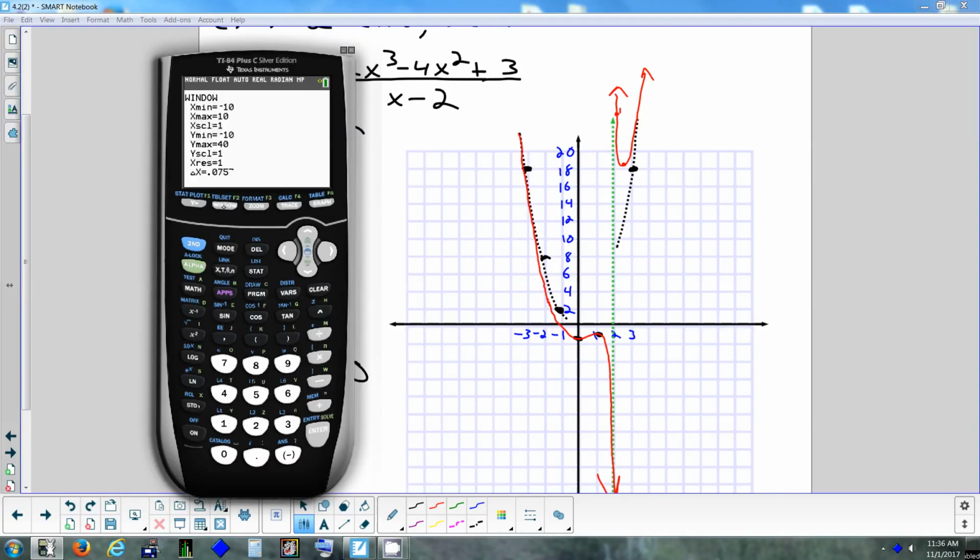Okay, let's look at that with a window exactly like I have here. Set your y-max at 20, which is what's on my grid, and all you're going to see is a little tiny U in the very, very top of the graph. That's going to be your sketch. Okay, so there's the left side. That looks pretty good.